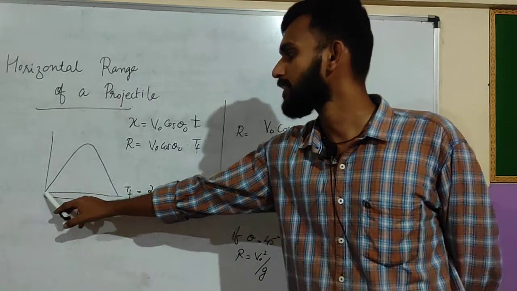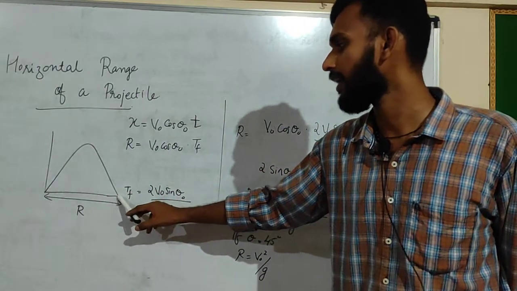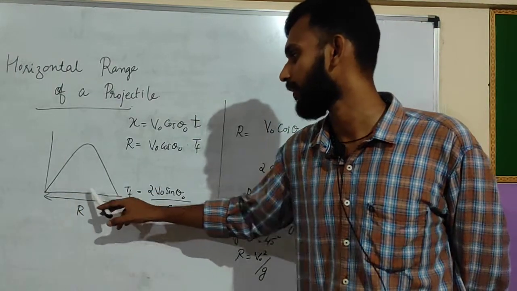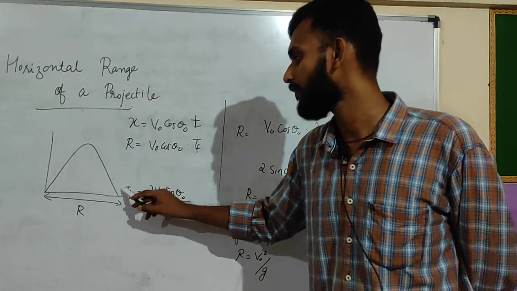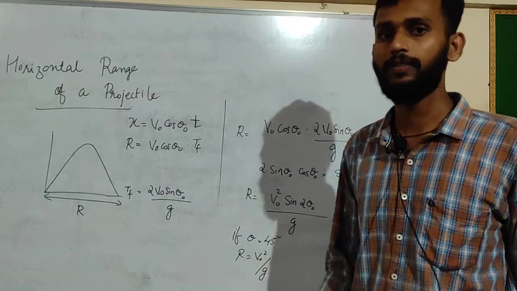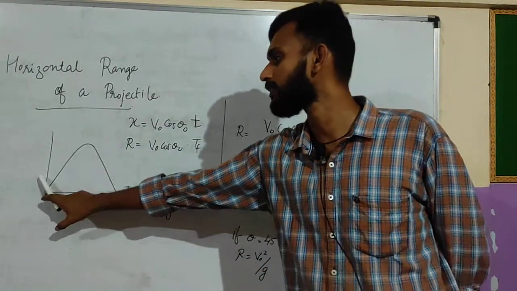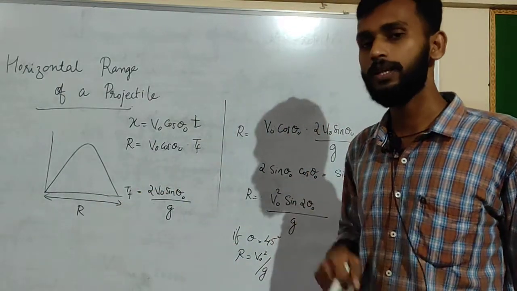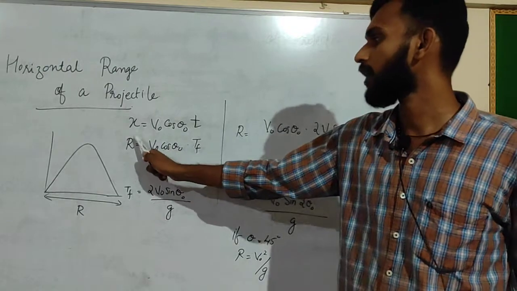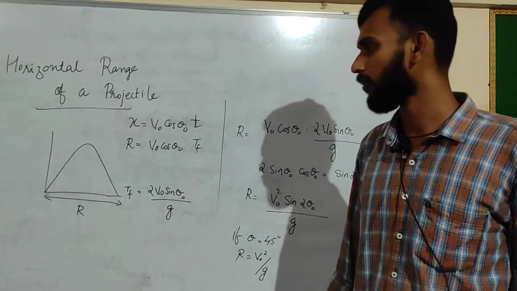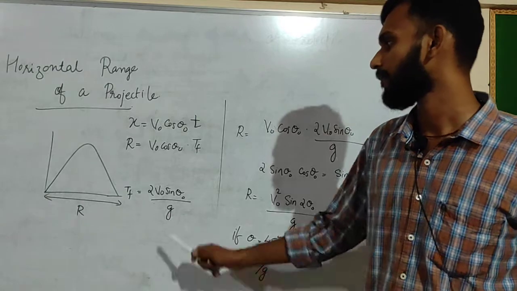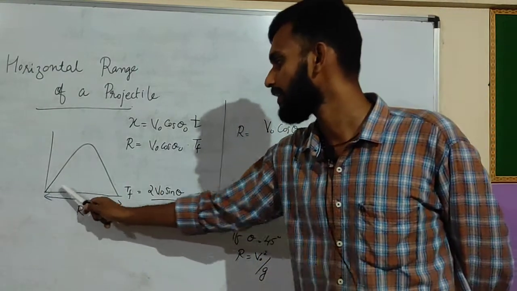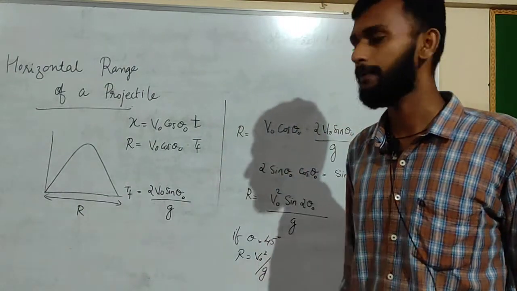That is the maximum distance a projectile can move, or the displacement it can make from the initial point. Whenever the projectile covers this displacement, the time should be equal to Tf. So whenever you are considering the horizontal range, then the t value will become Tf.